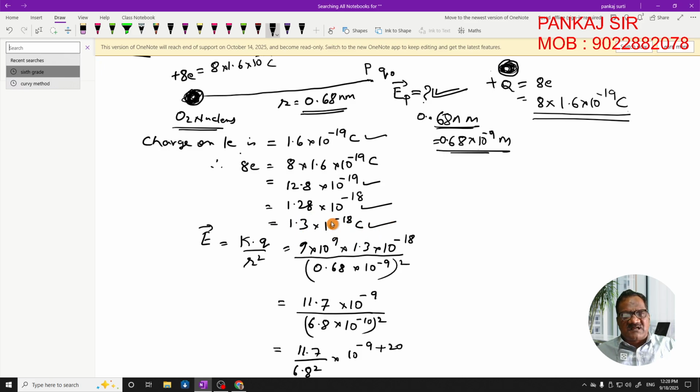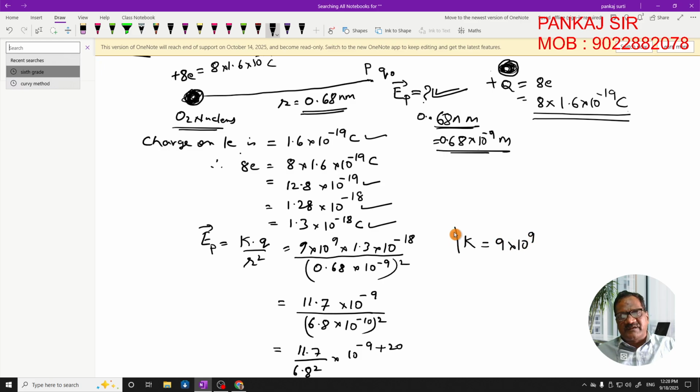So this is the charge due to which the field is created, and with respect to this charge at the point P, we have to find the electrostatic field strength, that is EP. The formula for EP is K times Q divided by R square. Since this is in vacuum, you will have to take K as 9 into 10 raised to 9.